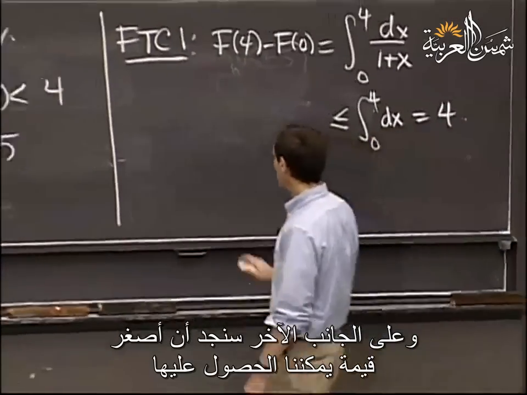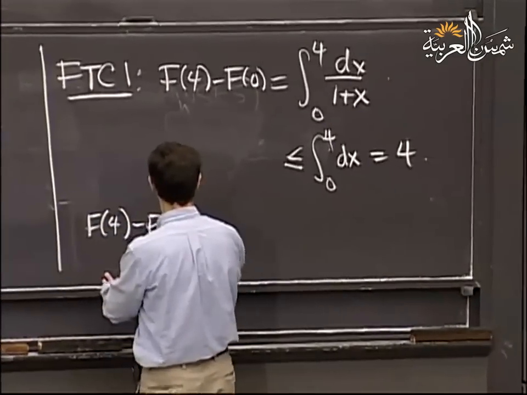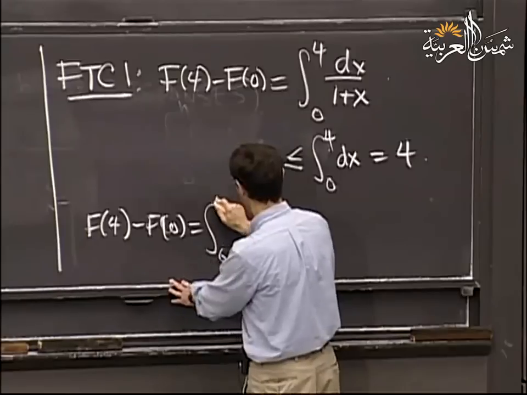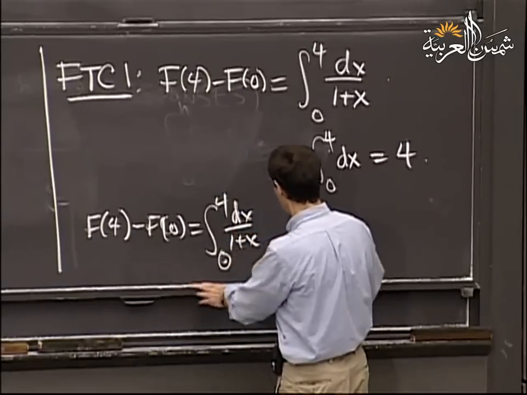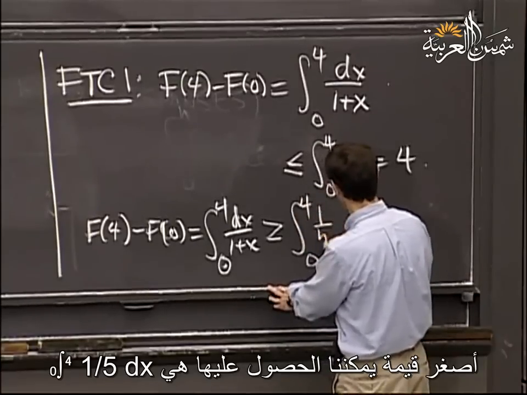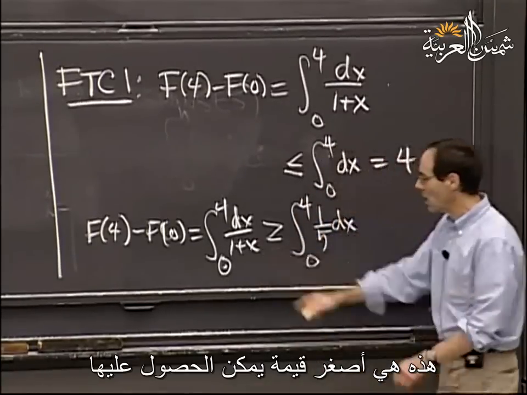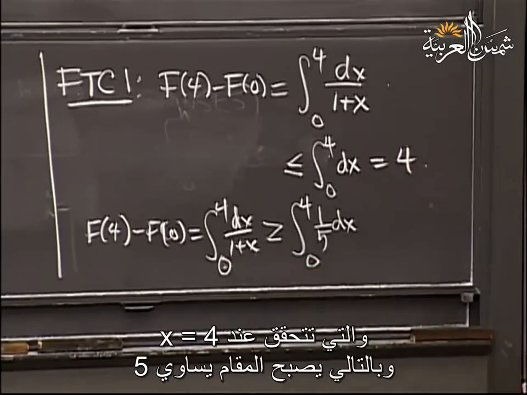All right? On the other hand, the smallest it ever gets to be, it's equal to this. The smallest it ever gets to be is the integral from 0 to 4 of 1/5 dx, because that's the lowest value that the integrand takes. Right? When x is equal to 4, it's 1/5.